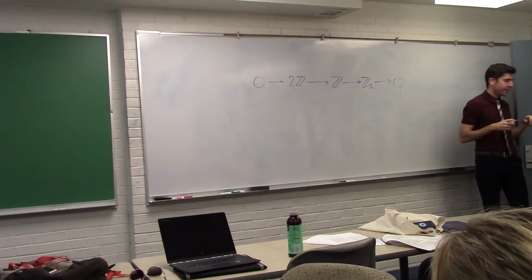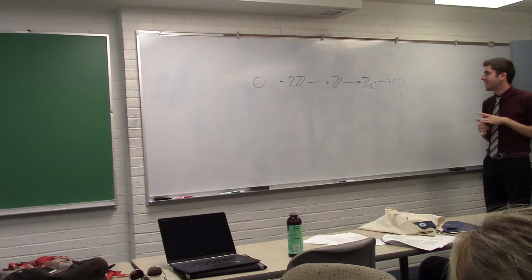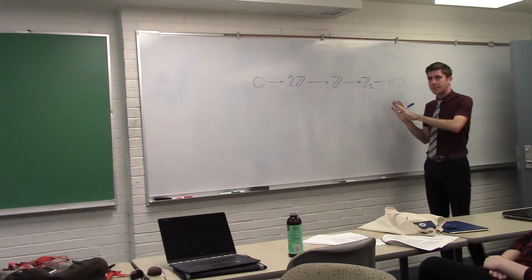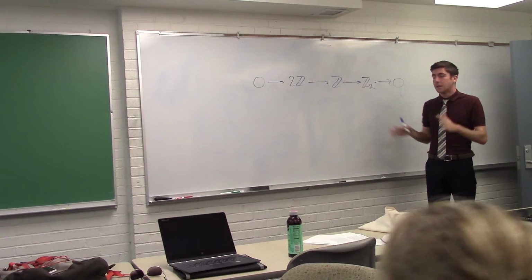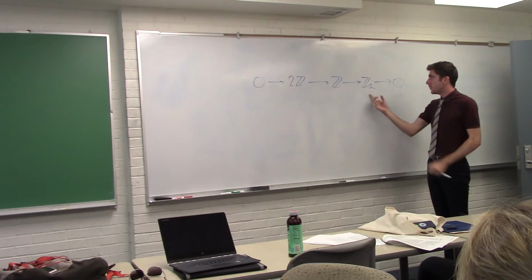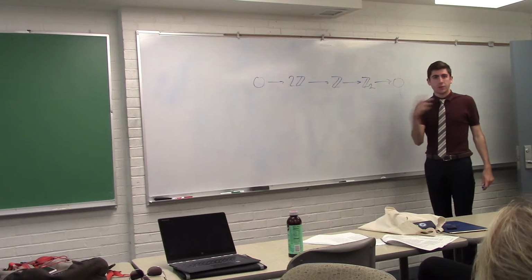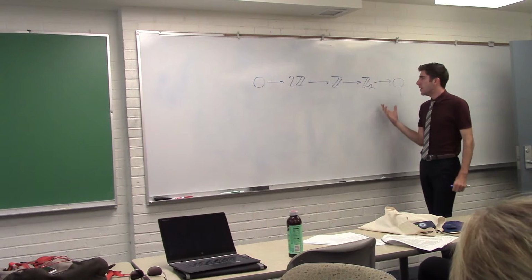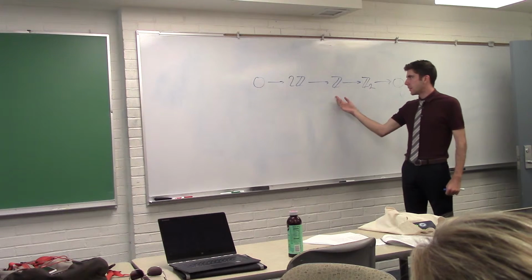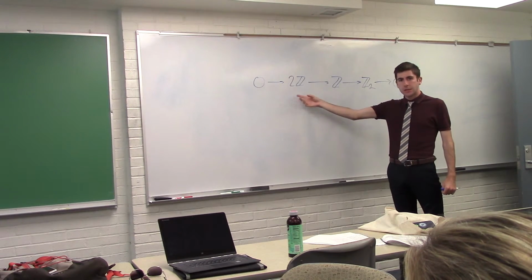So first, let's establish that this is a short exact sequence. So Z2 is just 0 or 1. And then Z is obviously all integers, and 2Z is all even integers.